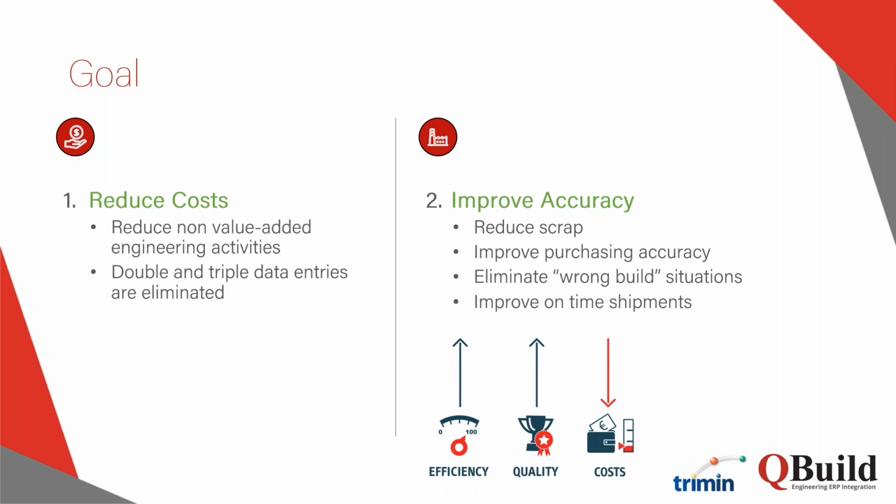You'll also see a huge improvement in your data accuracy overall, just due to the automation of the process and removing that human aspect from it, which can lead to a reduction in scrap, improvement in purchasing accuracy, elimination of wrong build situations, and also improvement on on-time shipments by lowering those lead times.